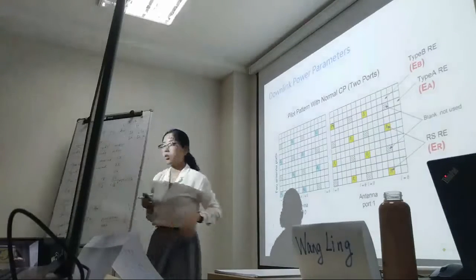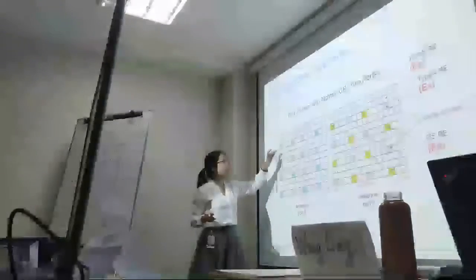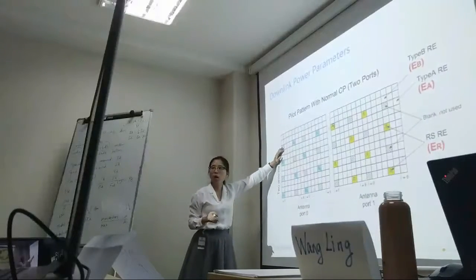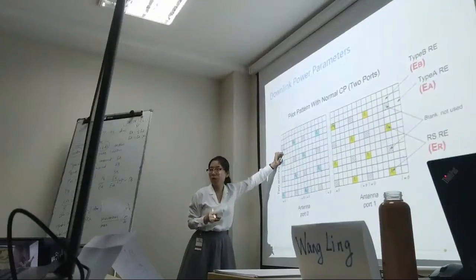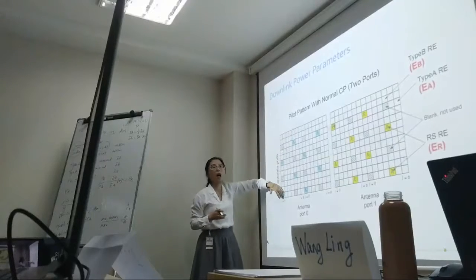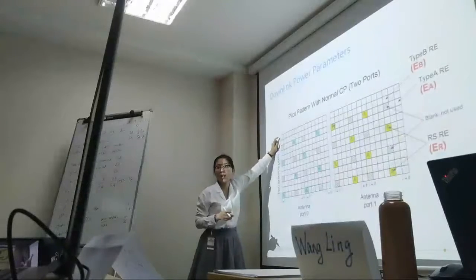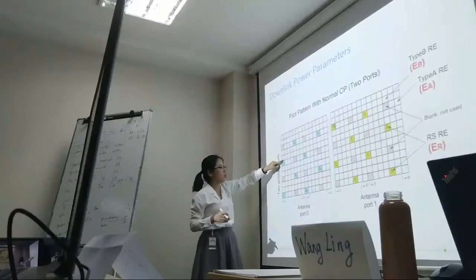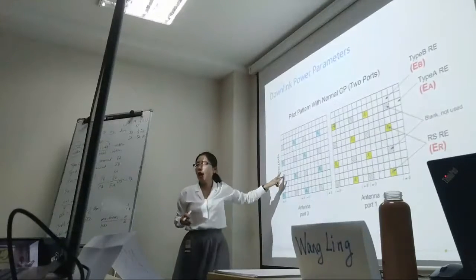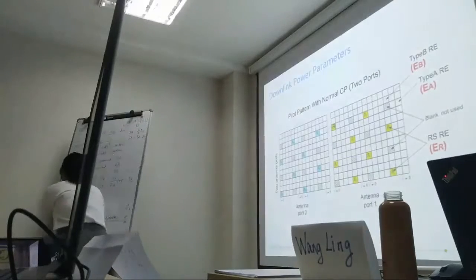For type B symbol, now we use two parts. How many RE did we use? The normal RE, type B RE is 1, 2, 3, 4, totally 8. Yes, 8 EB.